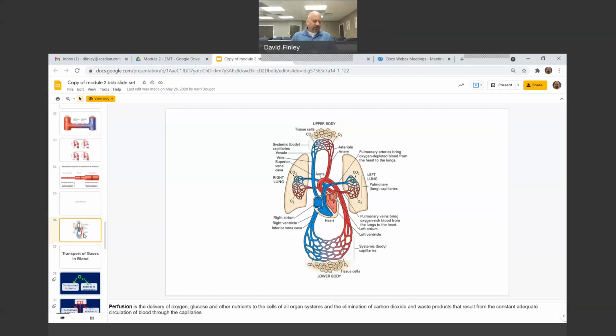Now it's getting into epinephrine and norepinephrine and talking about alpha and beta effects. So when you're talking about alpha and beta, you have alpha 1, alpha 2, beta 1, and beta 2 effects on the heart, or the body.